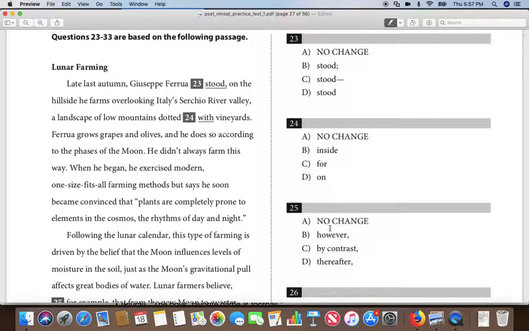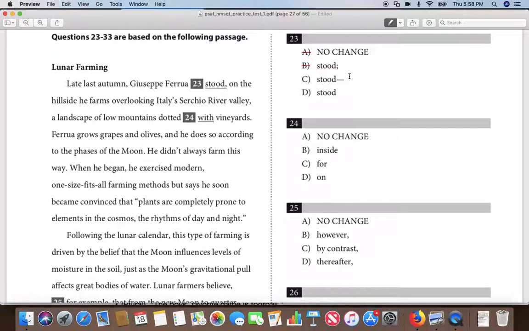Yeah, I agree. I don't think we need a comma or a pause there. Let's eliminate A. Can we eliminate any other obviously incorrect answer choices? B. Yeah, why B? Because it's not two complete sentences. Yeah, and you don't need a pause there, but absolutely. We don't have two independent standalone thoughts.